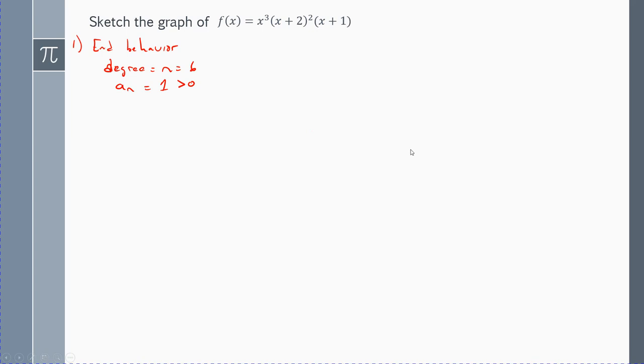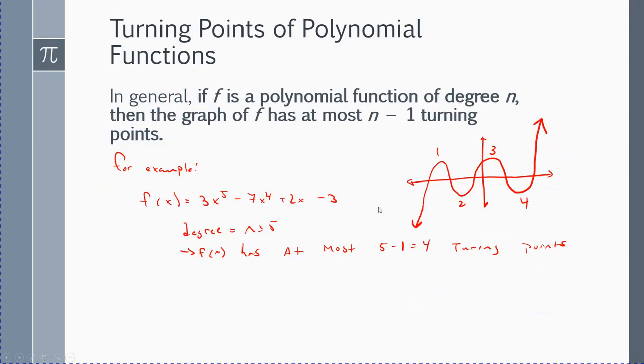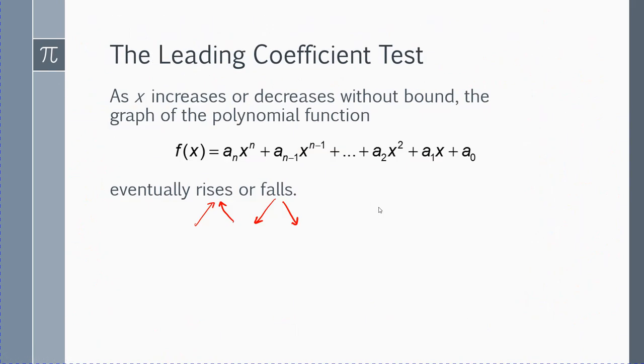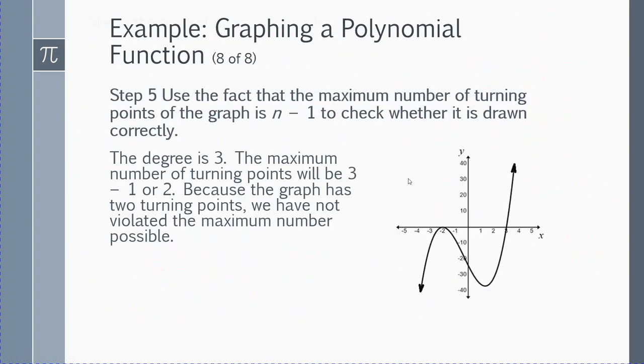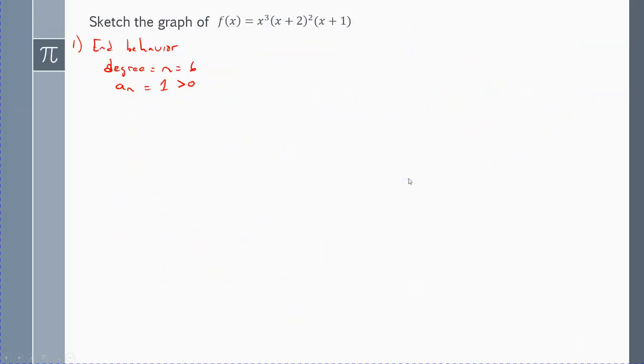So what does that mean for the end behavior? Forgive me, I'm going to do this really quickly. The degree is even and the leading coefficient is positive, so it rises to the left and rises to the right.